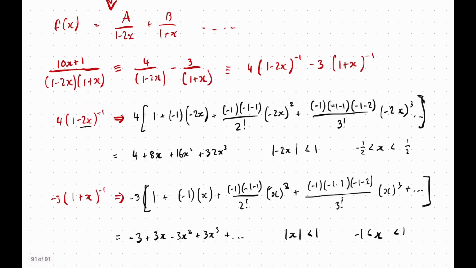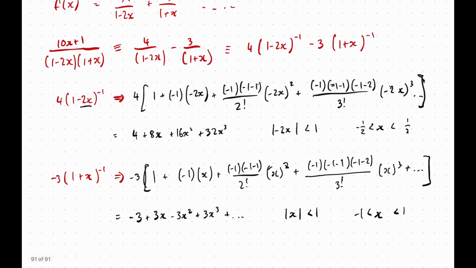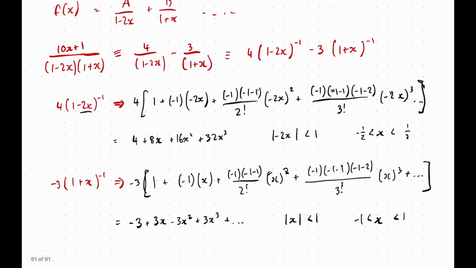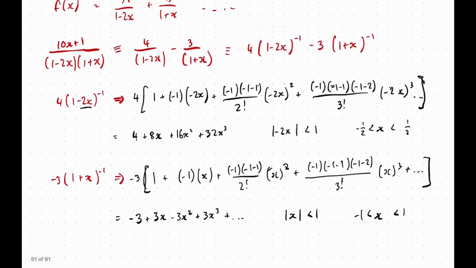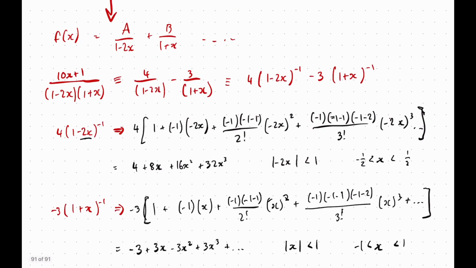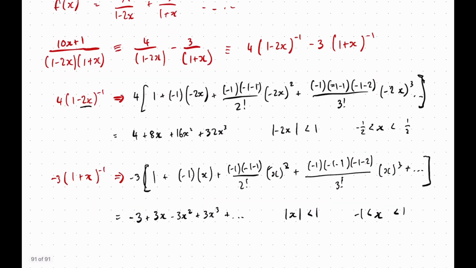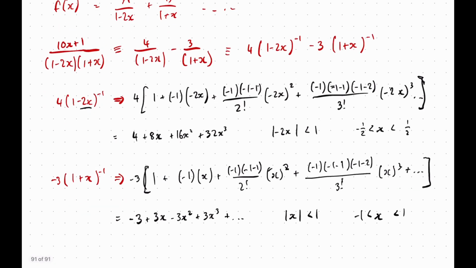You could have done it as just 3 times and then taken away. You could have done it how they've done it, which is they've expanded it without the multiplied through, and then put the multiplied through back in at the end. It's just about your handling of numerical values, really.